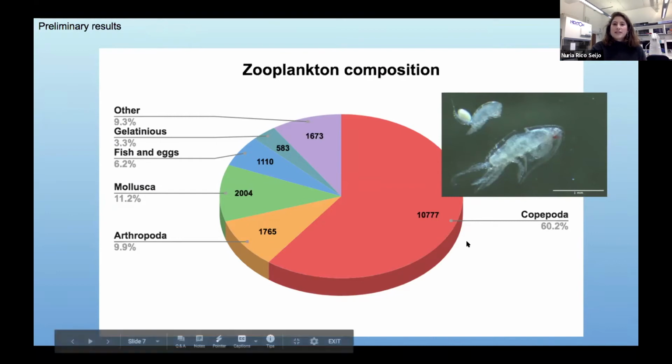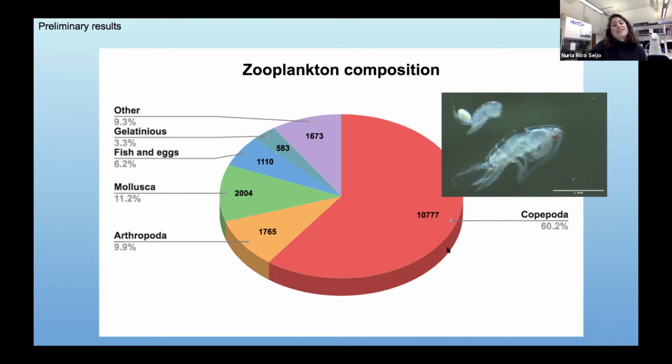As we see here in this graph of zooplankton composition, in copepoda we have almost 11,000 organisms found so far in all the samples. This is something we expect since copepods are usually the dominant group in the oceans.